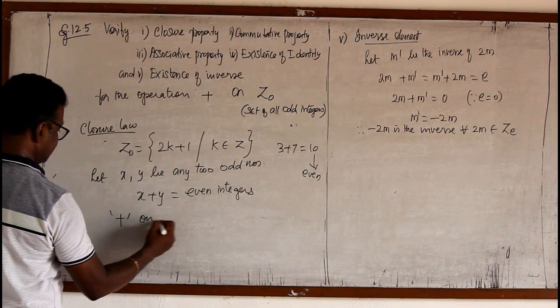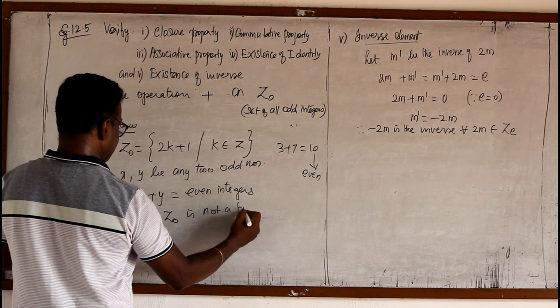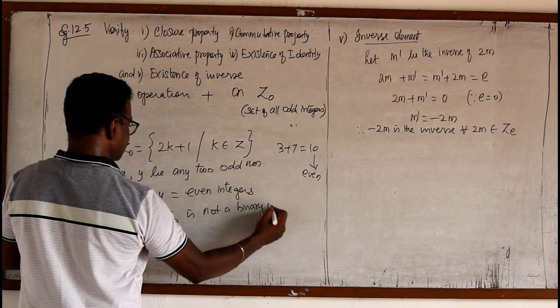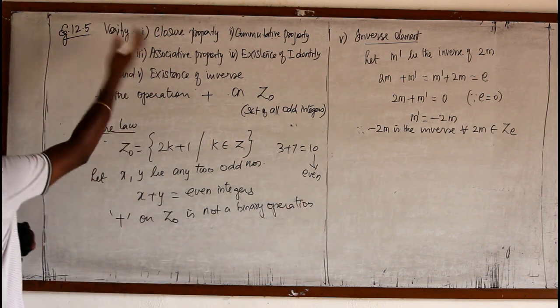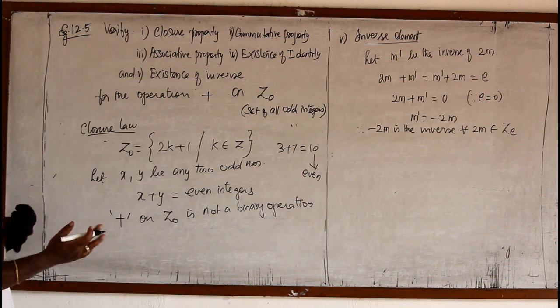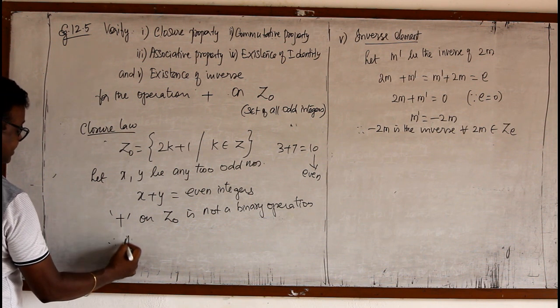Therefore, addition on the set of odd integers is not a binary operation. Therefore, all these properties won't exist.